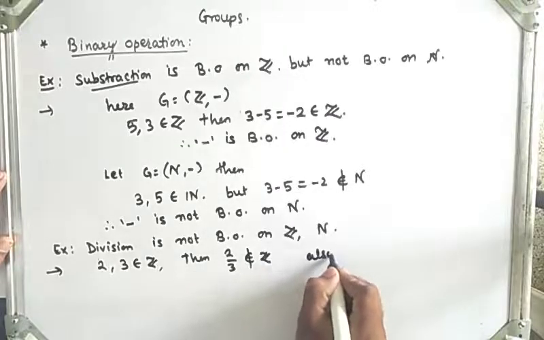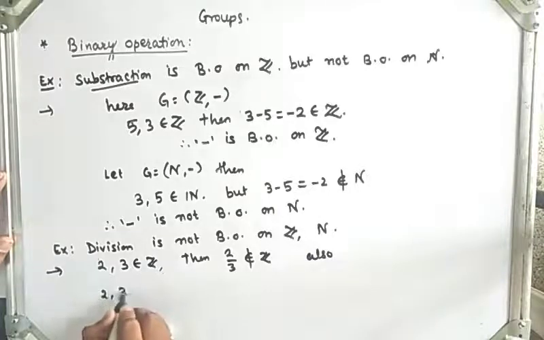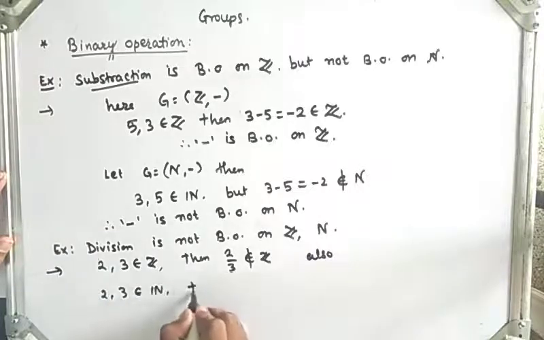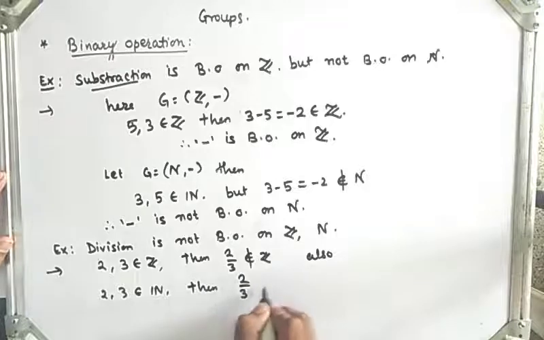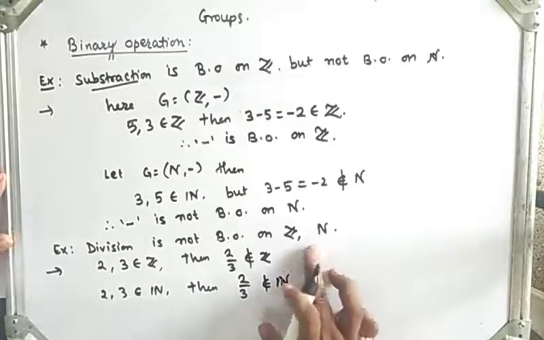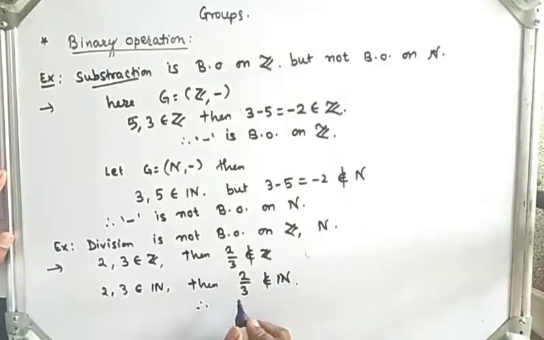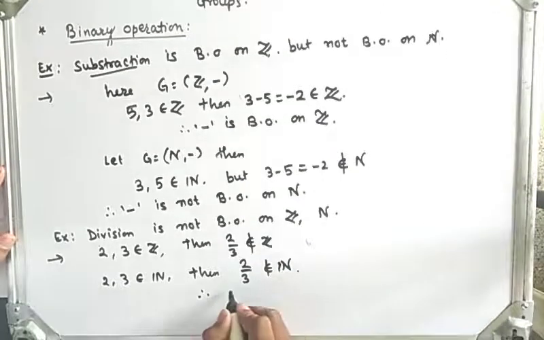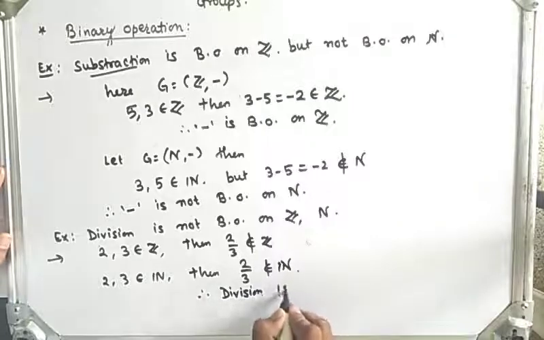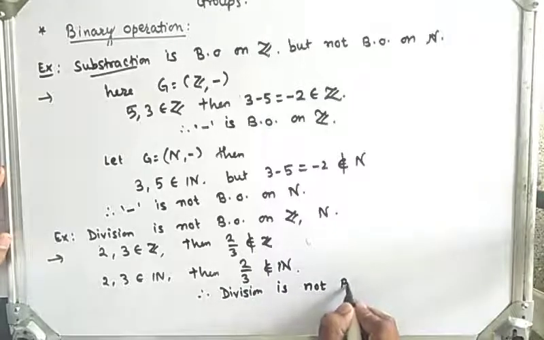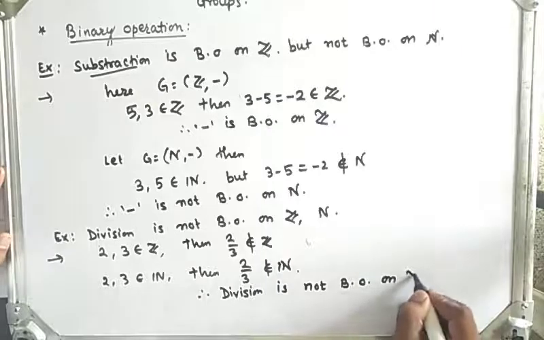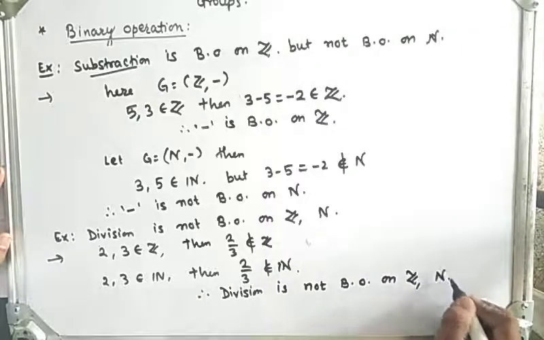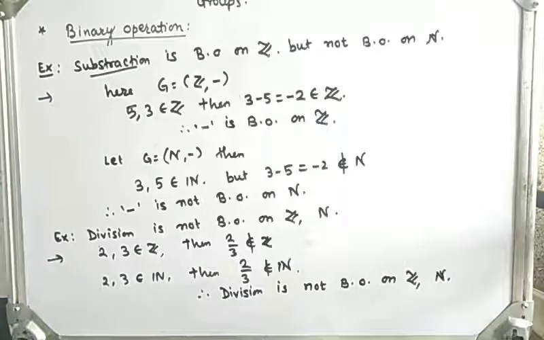And if 2 and 3 belong to the set of natural numbers, then 2 by 3 also does not belong to the set of natural numbers. Therefore division is not a binary operation on the set of integers and the set of natural numbers, right?